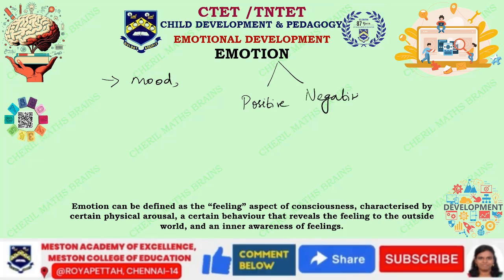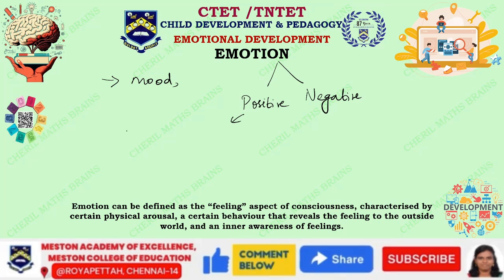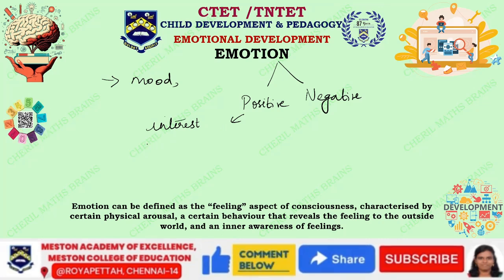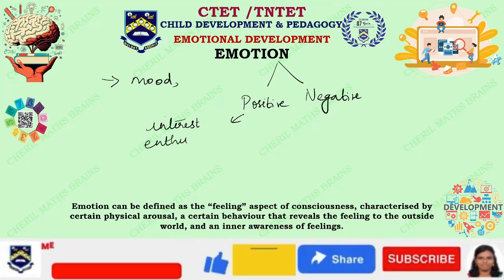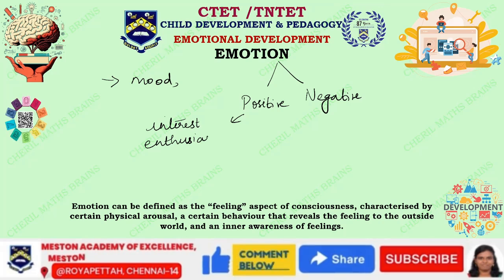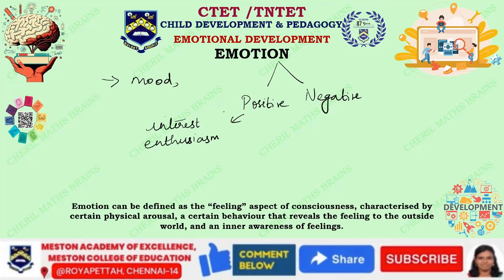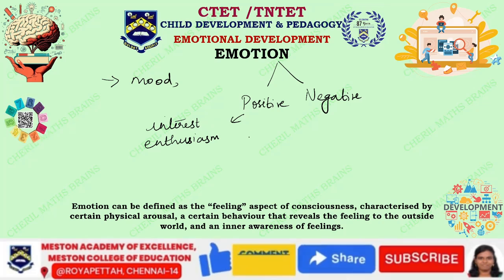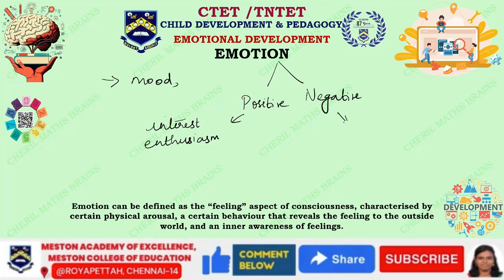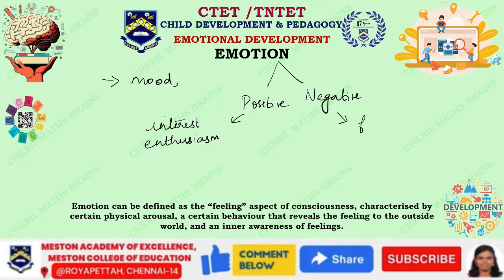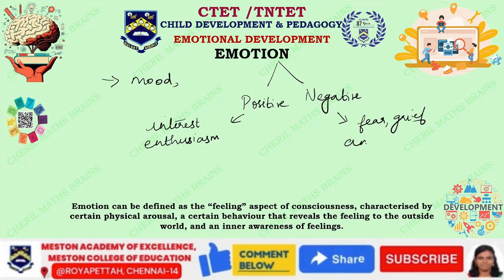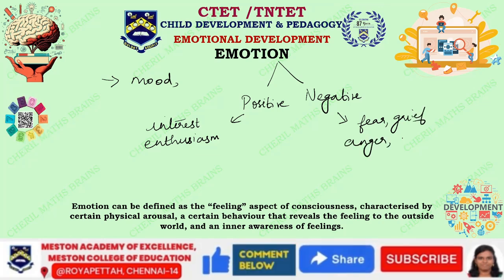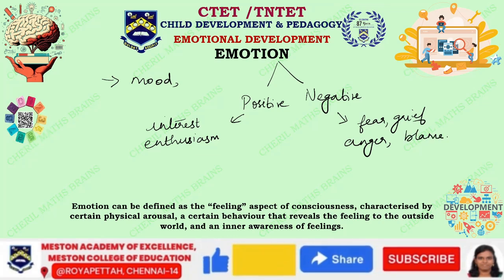Positive emotions include things like interest, enthusiasm, laughter, empathy, affection, and curiosity. Whereas negative emotions include fear, grief, anger, blame, regret, and these kinds of emotions.